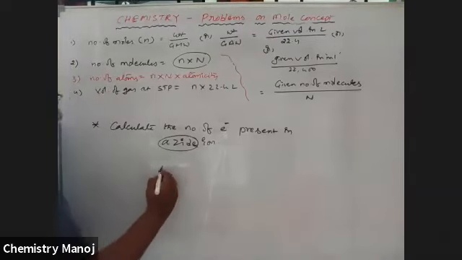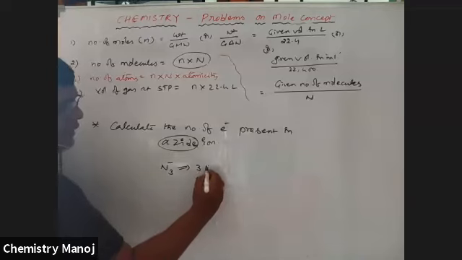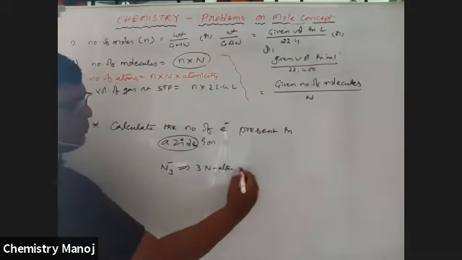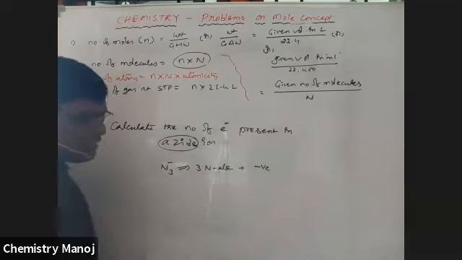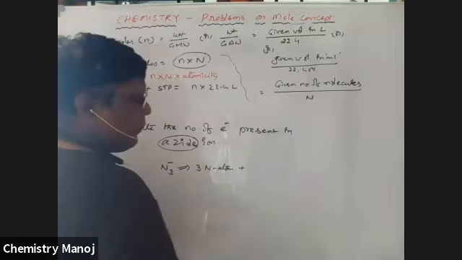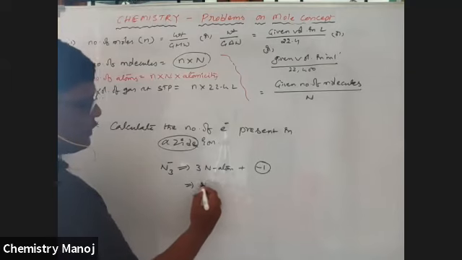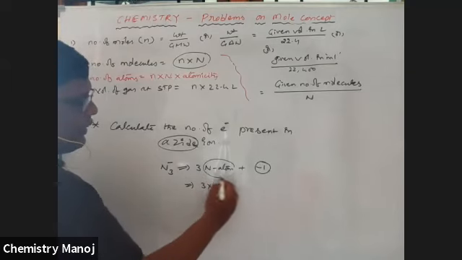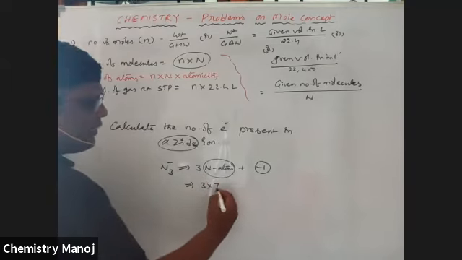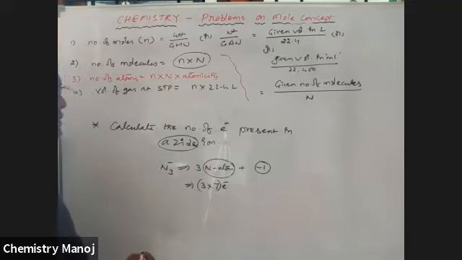N3 minus means it contains 3 nitrogen atoms plus -1 charge. Each nitrogen has 7 electrons, so 3 into 7 electrons.